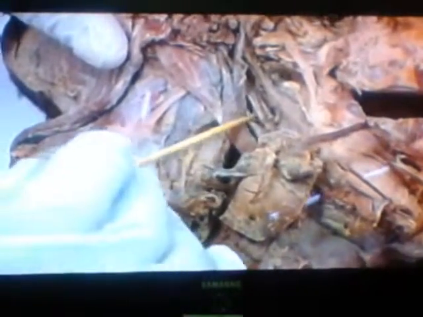But when the nerve goes down, it is going to pass between the superior constrictor and the middle constrictor, and then it is going to get into the posterior part of the tongue to give special taste sensation to the posterior third of tongue, and general sensation to the posterior third of tongue. That general sensory is going to which nucleus?